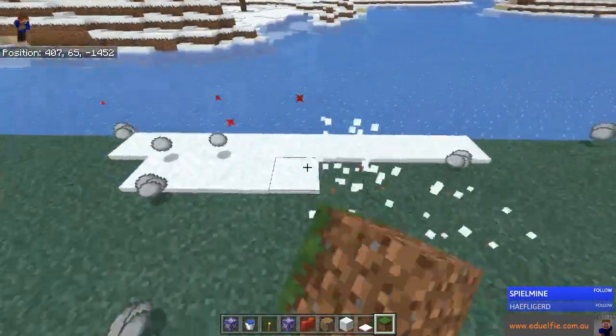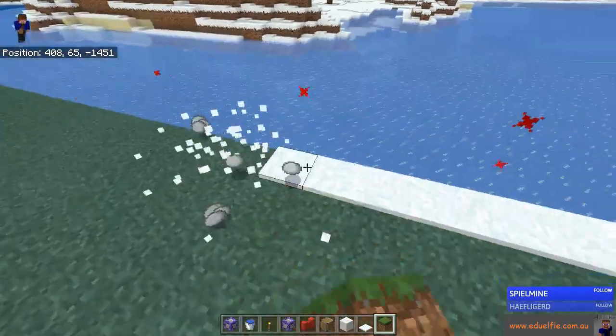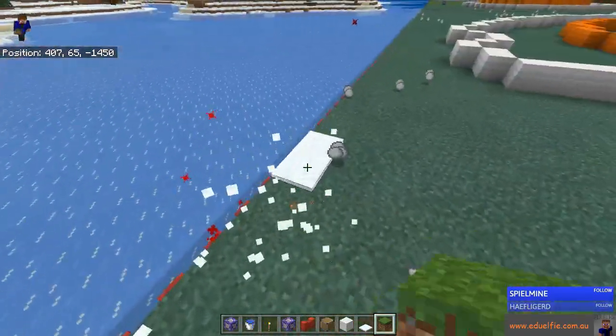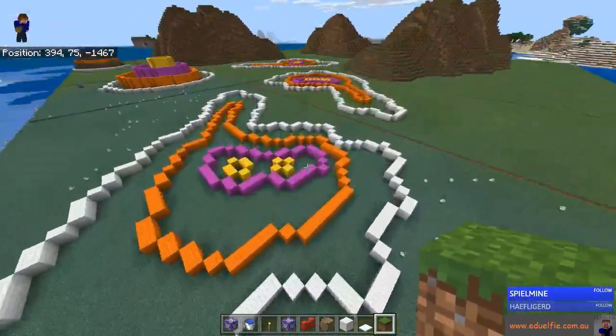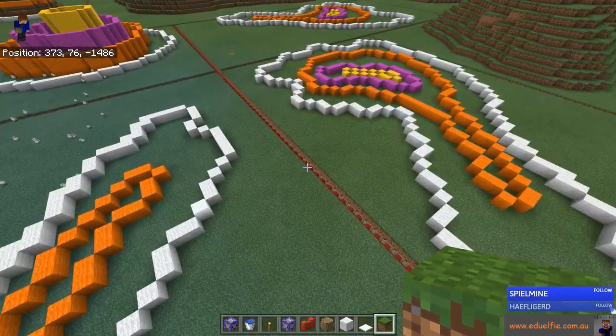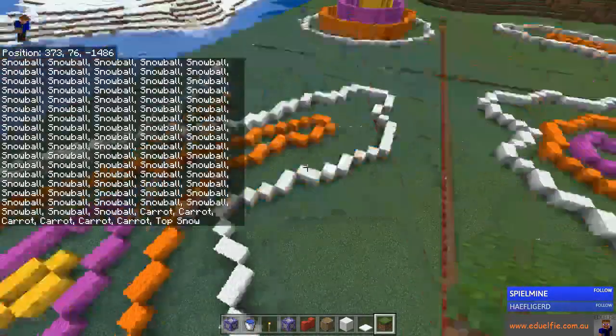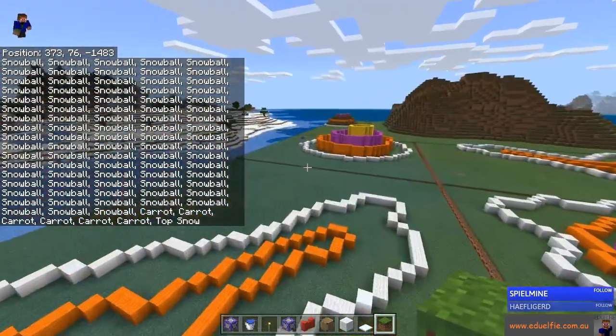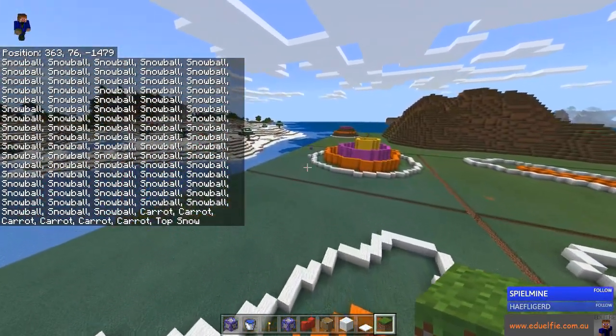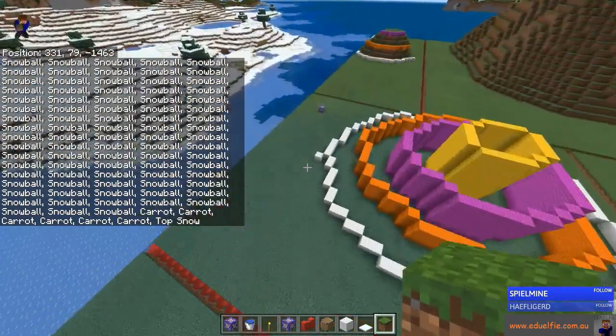Things like being able to, like WorldEdit basically is what, I mean, I'm used to using that in the old version, but WorldEdit would be absolutely amazing.